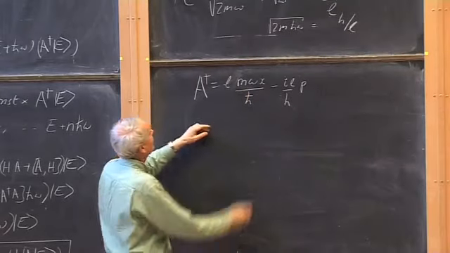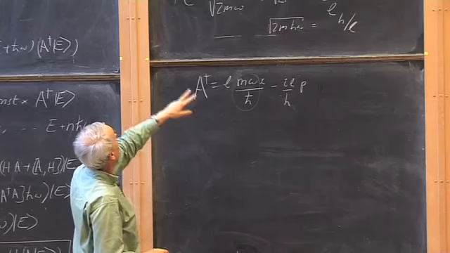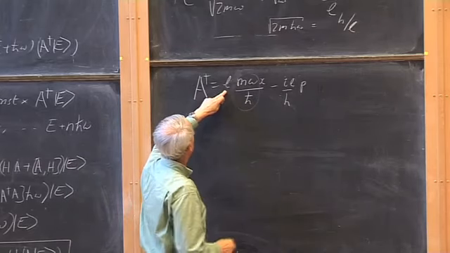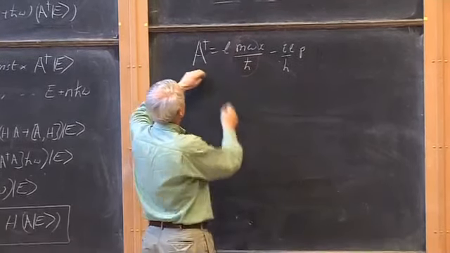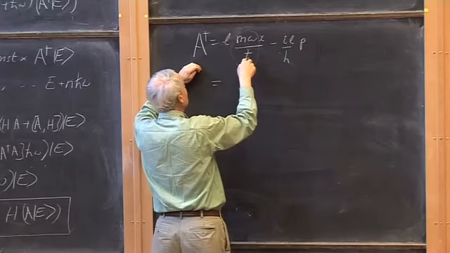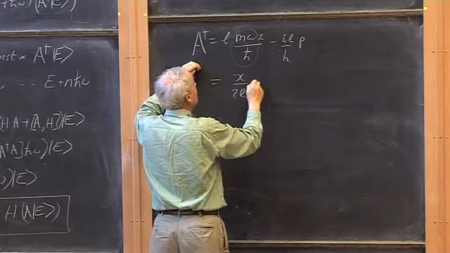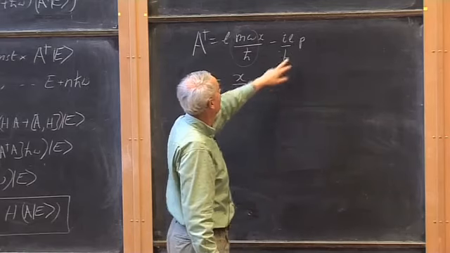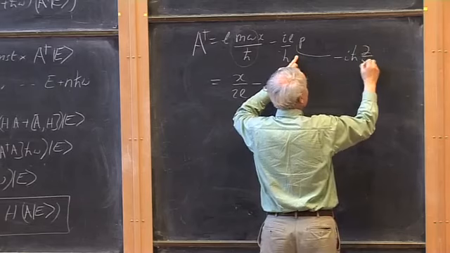This stuff is looking remarkably like L all over again. If I multiply this by 2 on the top and 2 on the bottom, this becomes 1 over L squared. The L squared would cancel, and this becomes x over 2L minus, now let's put this into the position representation. In the position representation, p is minus i h bar d by dx.